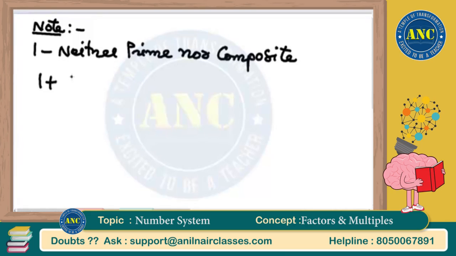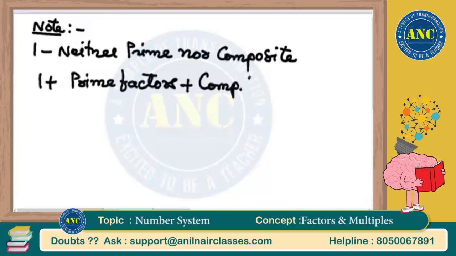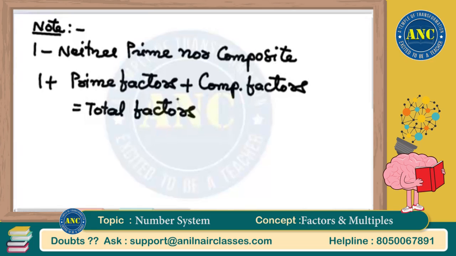So 1 plus prime factors plus composite factors is nothing but total factors.